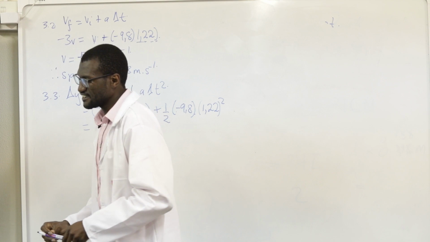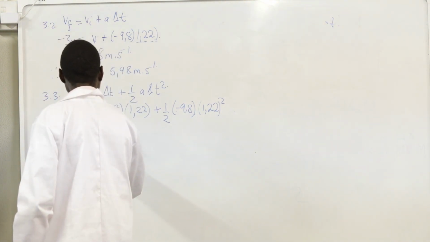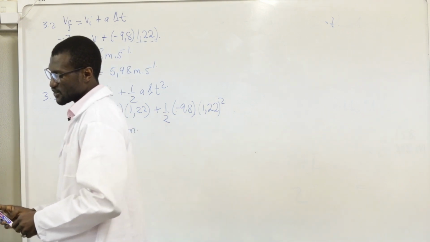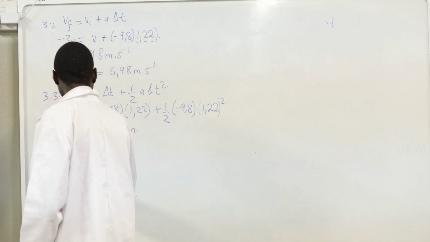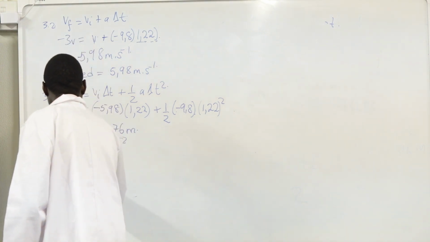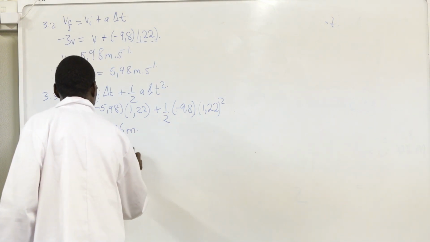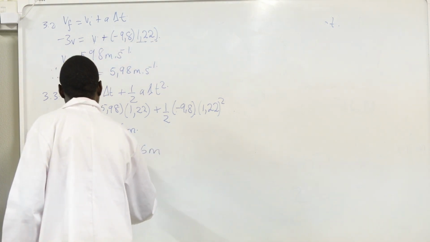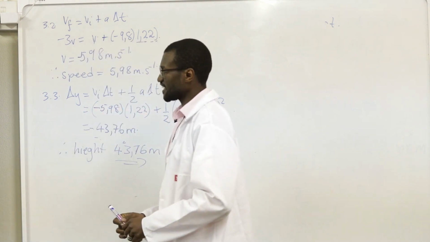My final answer should give me a height that's approximately equal to 43,76 meters. Okay? The answer there will be negative, but because it's a height, we put our height as a positive number because height is a scalar quantity. This was the value of delta h.